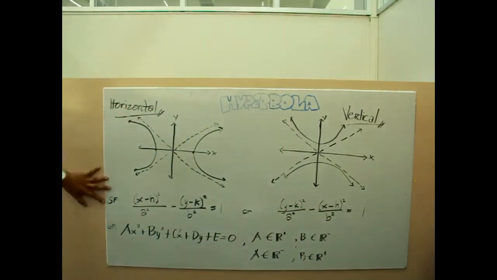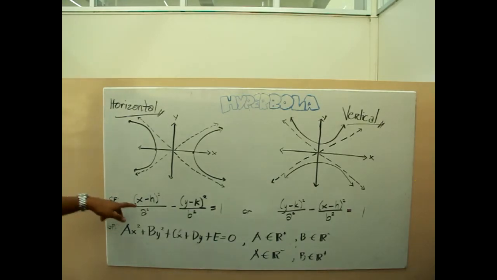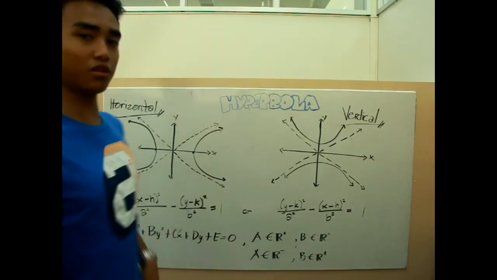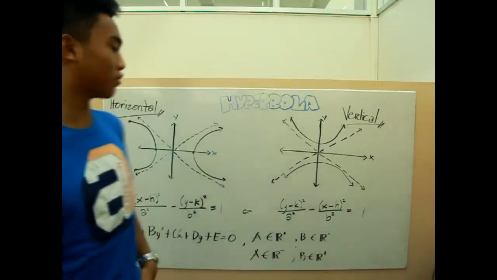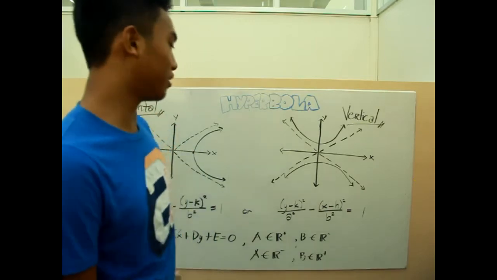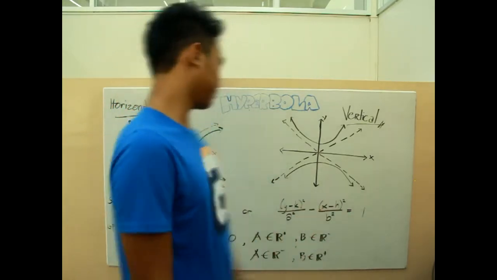So the standard form of a horizontal hyperbola looks like this: (x minus h) squared over a squared minus (y minus k) squared over b squared equals 1. And a vertical hyperbola is (y minus k) squared over a squared minus (x minus h) squared over b squared equals 1.